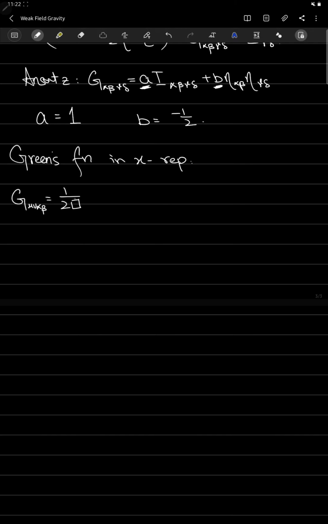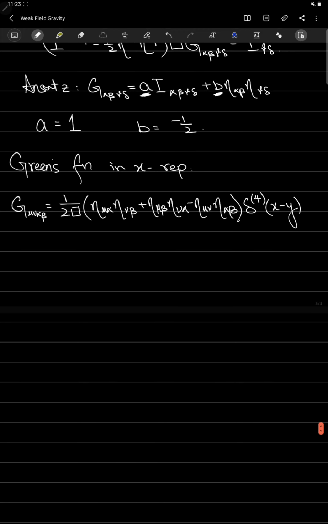over 2 the D'Alembertian times η_{μα} η_{νβ} plus η_{μβ} η_{να} minus η_{μν} and η_{αβ}, all multiplied with this Dirac delta function, δ⁴(x minus y).